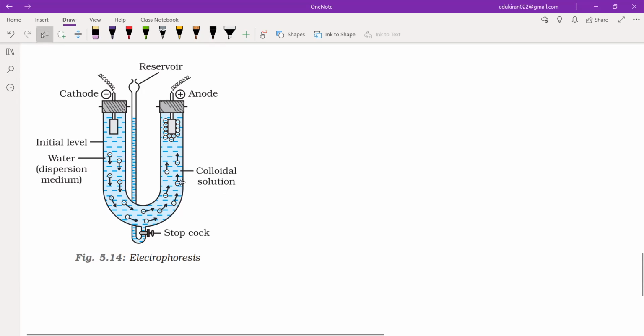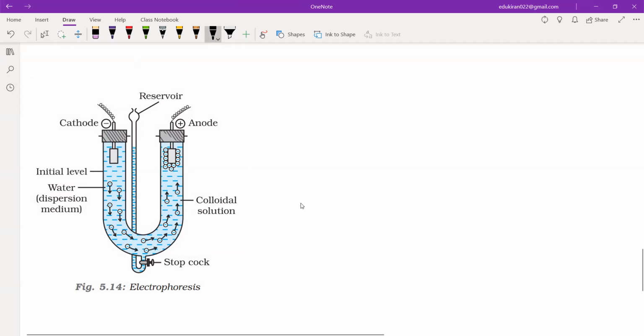Let me write the topic, and then we can write the definition. Electrophoresis.